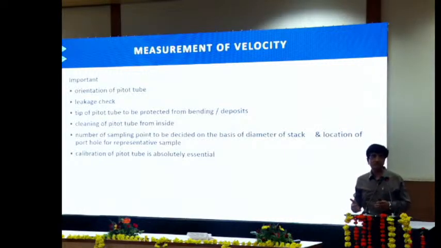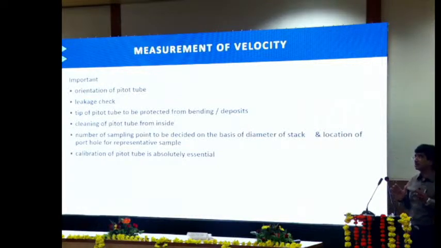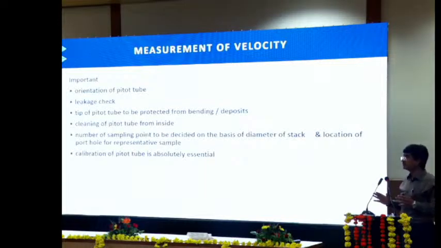More than 0.85. So on average, an S-type pitot tube carries a pitot constant of the order of 0.85. And each pitot tube, whenever it is supplied to you, make sure you ask for the pitot constant. Any pitot tube without a pitot constant has no meaning. So you have to keep that in mind.